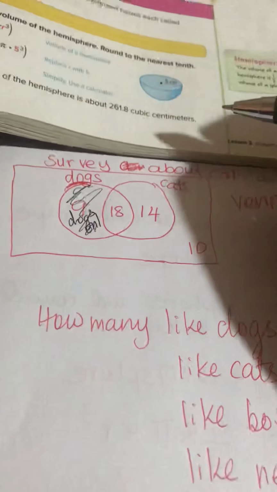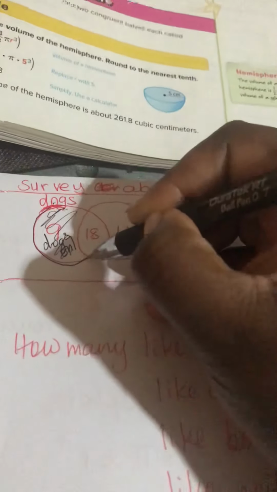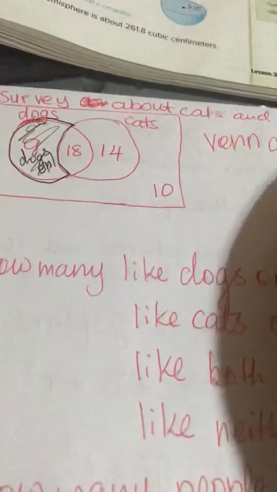Now let's look here. Dogs only is this space. This space here is dogs only. This part of your circle. This is dogs only. Cats only. I don't have another color.